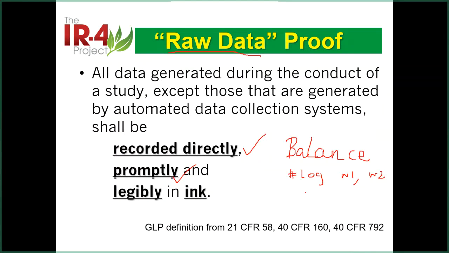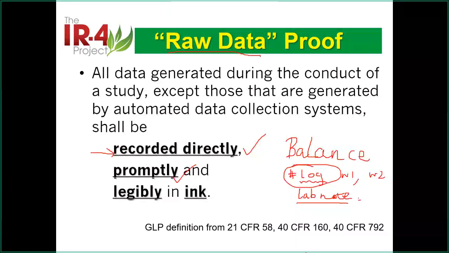The lab note data is a copy, and the balance log is the original. Based on the definition, you need to record it directly there. That's the original raw data.